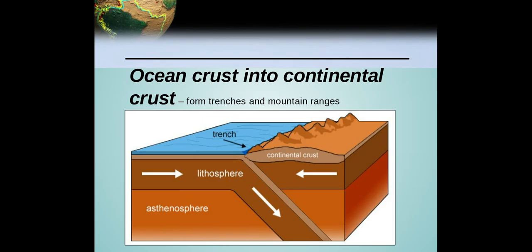Okay, so oceanic crust into continental crust. They form trenches and mountain ranges. Trenches are usually in the ocean part, mountain ranges are on the land part. When oceanic and continental plates collide, the oceanic plate undergoes subduction, which means it goes under, and volcanic arcs arise on land.